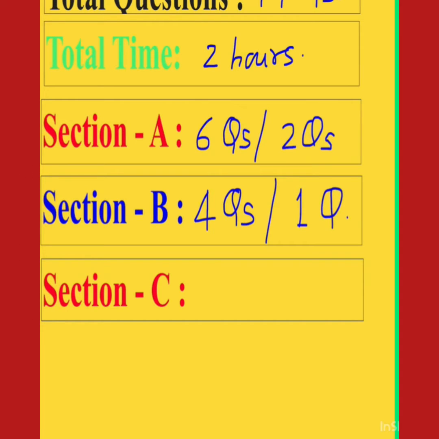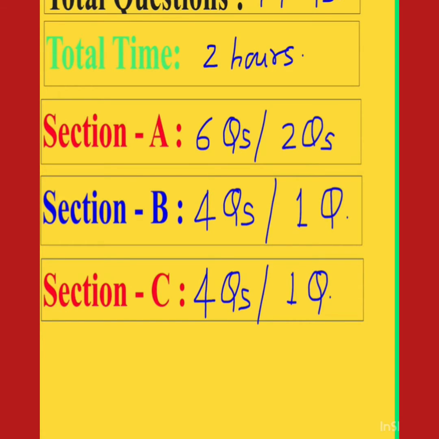After that, in section C, once again you will get 4 questions, and here you will also get 1 question with internal choice.